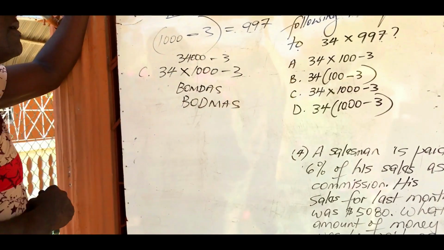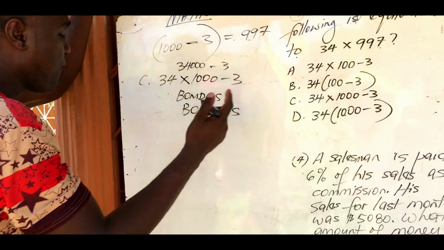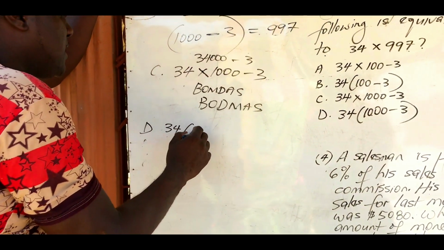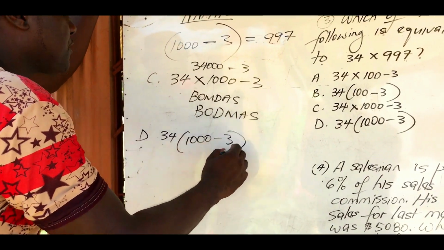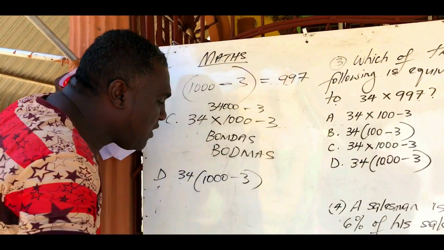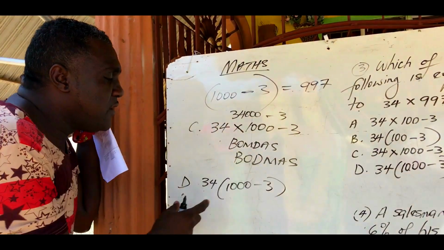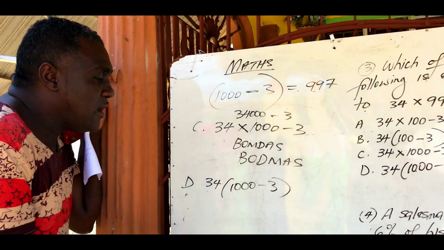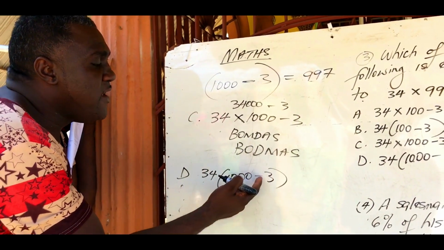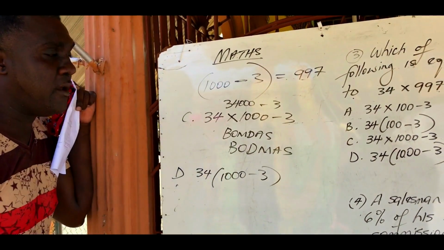Then you subtract 3, which is different from D, in which D is 34 times (1000 minus 3), making use of what we call the distributive law, or the distributive property. So right here, we have a pair of brackets enclosing the difference between 1000 and 3.